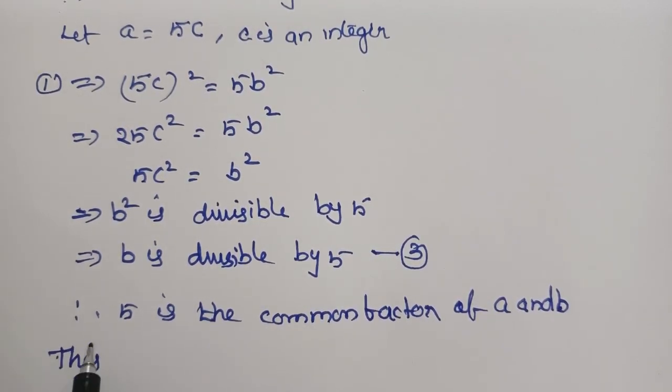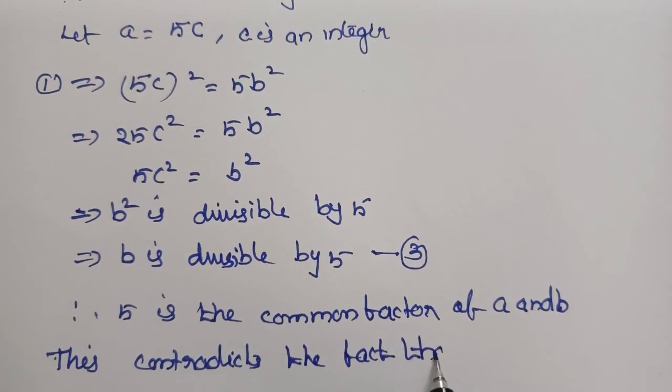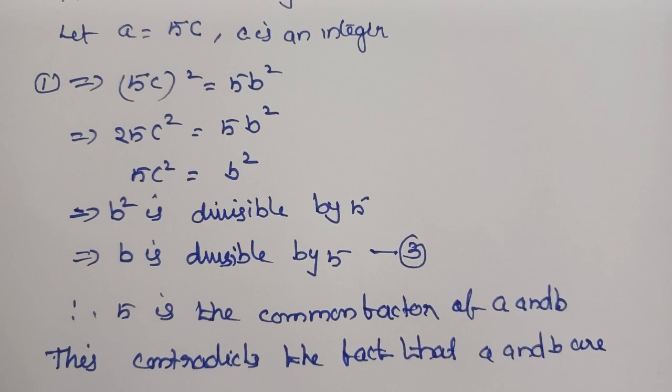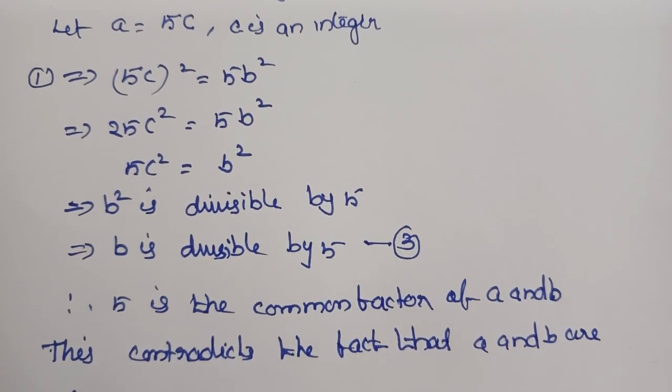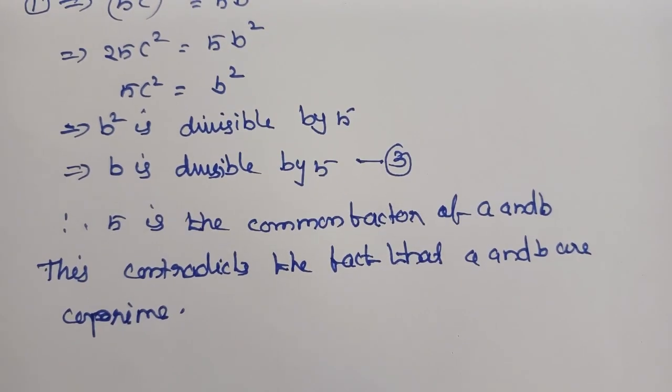This contradicts the fact that a and b are co-prime integers, which means there is no common factor.